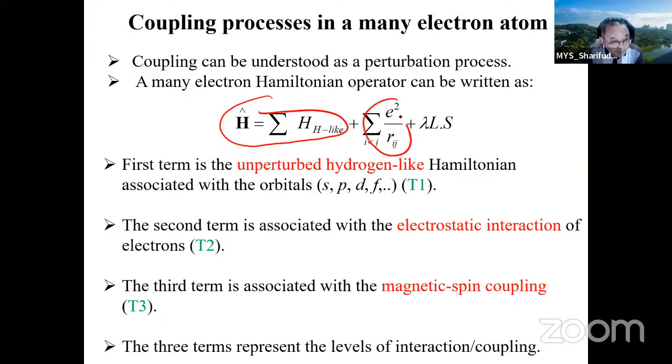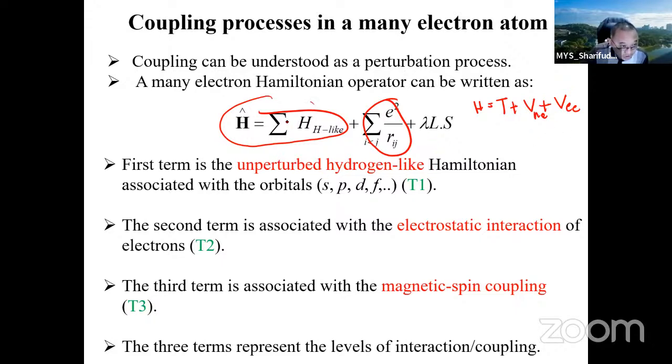Because in the standard Hamiltonian, we have the kinetic energy T plus V, and for atoms we have VNE, i.e. the potential between the nucleus and the electrons, plus VEE, which is the repulsion between the electrons.